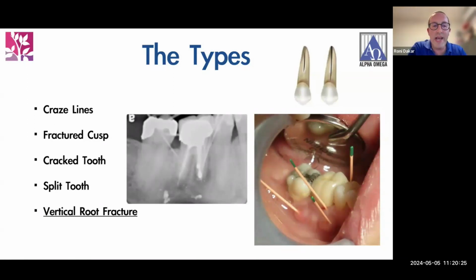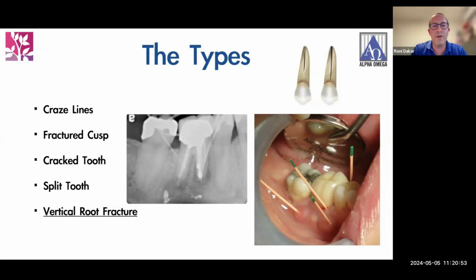Additional clinical and radiographic features that are very characteristic of VRFs is the presence of a sinus tract that is often located cervically and not apically, which at first glance will make us suspect the presence of a VRF, these sinus tracts that are cervically located.